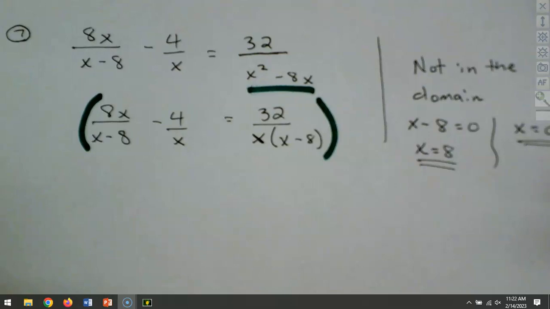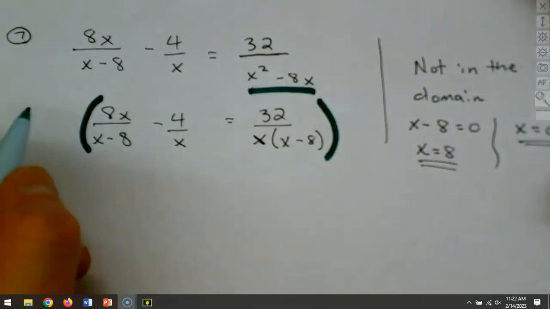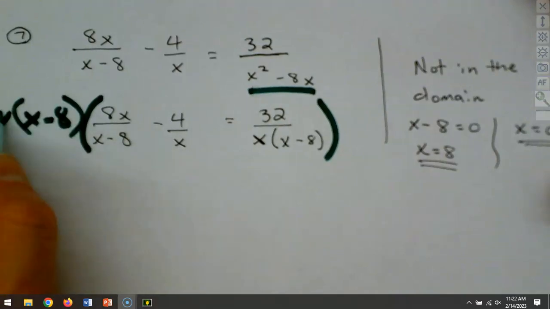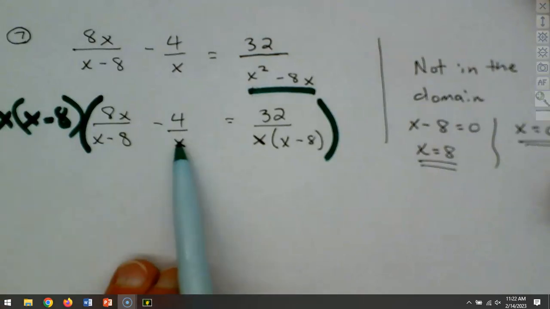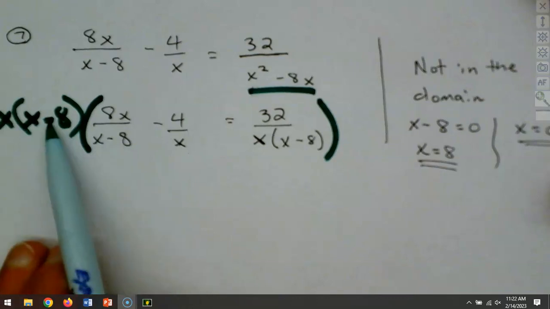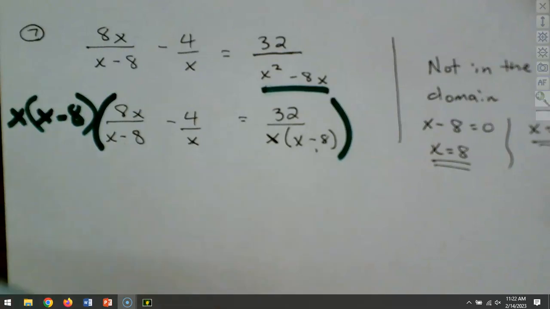Anyone want to take a guess as to what I would put out in front of here? 8x. Yep, x minus 8. Okay, that's part of it. And what else? And an x. So you'll want to take out an x. That's going to clear that one and that one. And an x minus 8 would take care of that and that. So you have to use both.